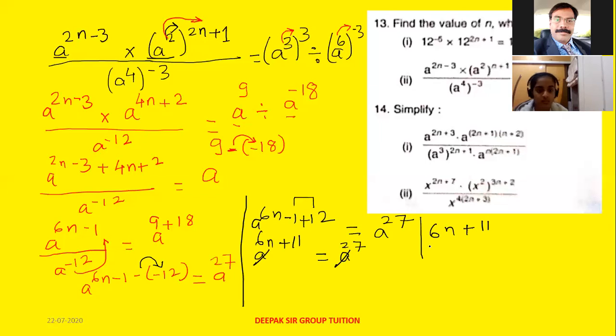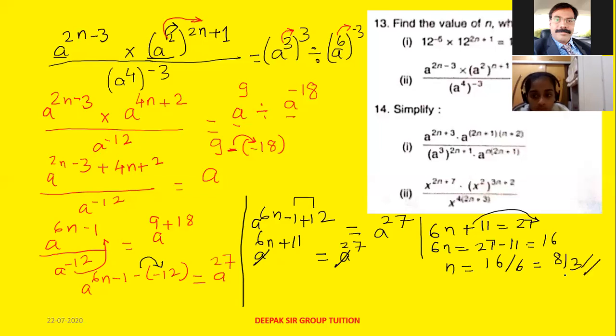It will become 6n equals 27 minus 11, and that is equal to 16, and therefore n equals 16 upon 6. That is equal to, two 8s are 16 and two 3s are 6. So the final value of n is 8 upon 3.